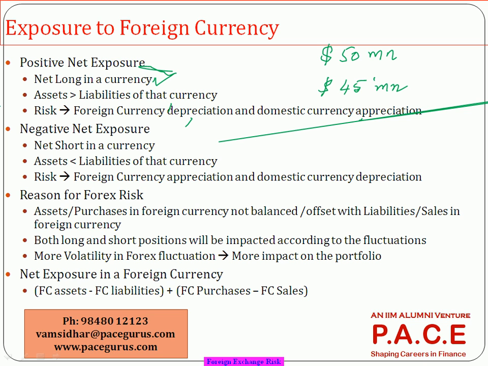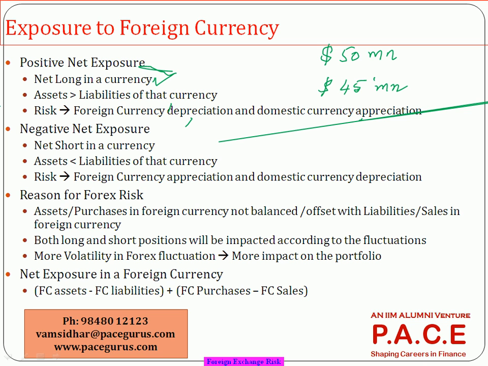But look at the other side: you are taking the raw materials from the US, assembling it, and assume that you are selling the product back to the US. The risk you are facing because of the forex fluctuation is very much minimized.